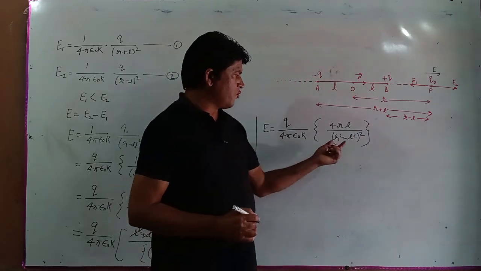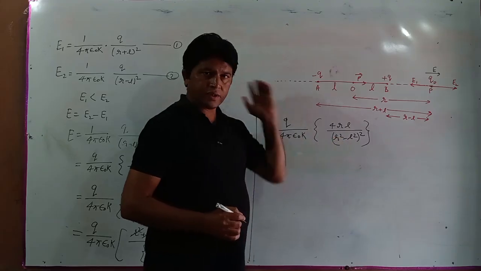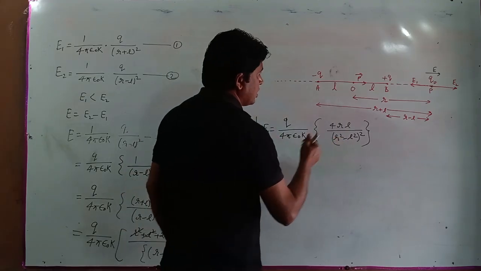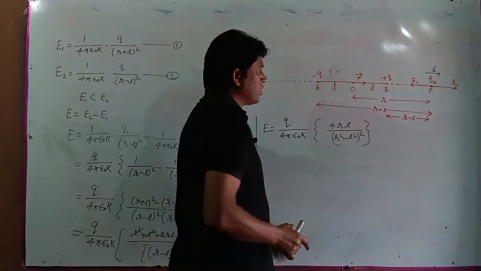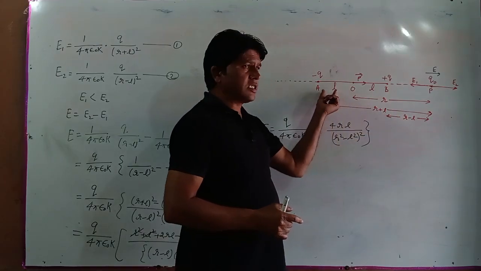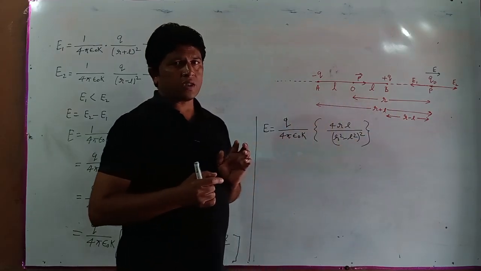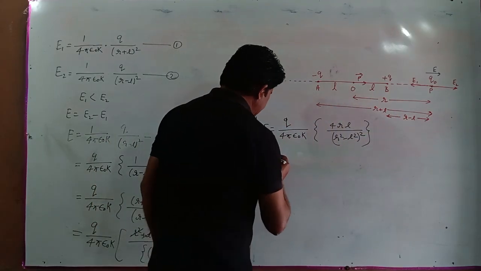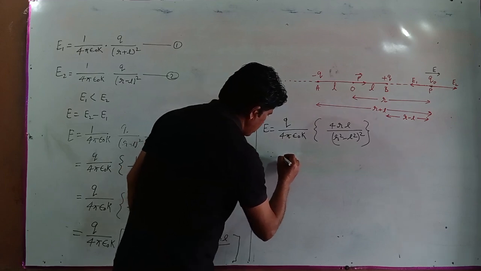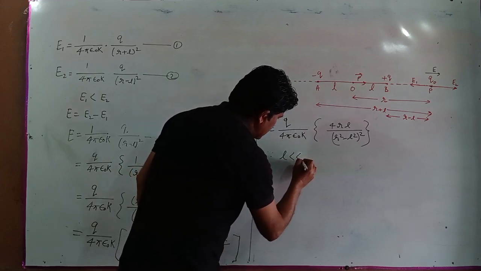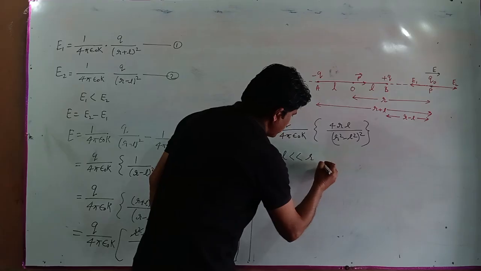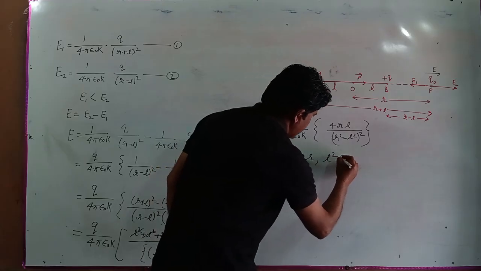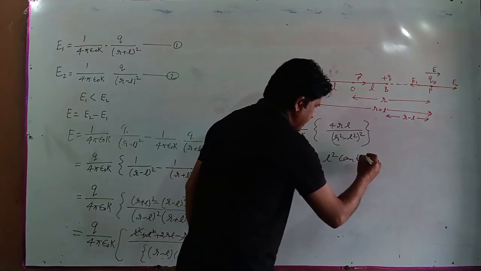Again, we have to compare R and L. We know that this distance with respect to R is extremely small. So you can write that L is very small as compared to R, so L square can be neglected.